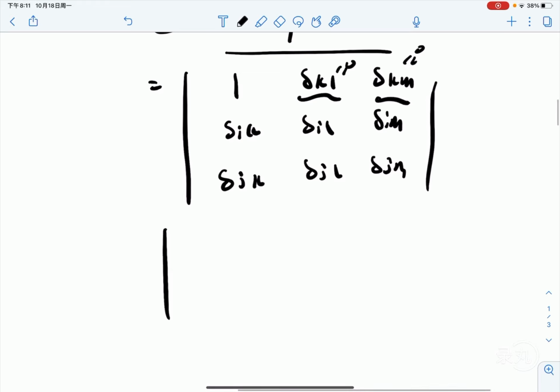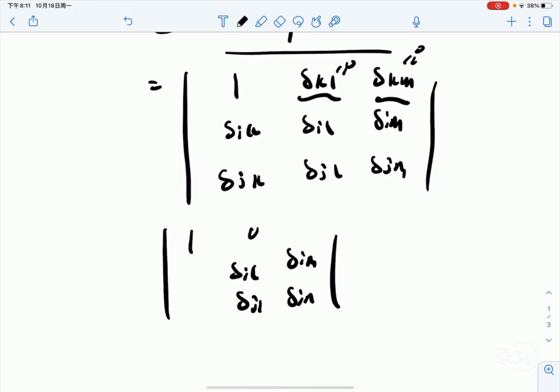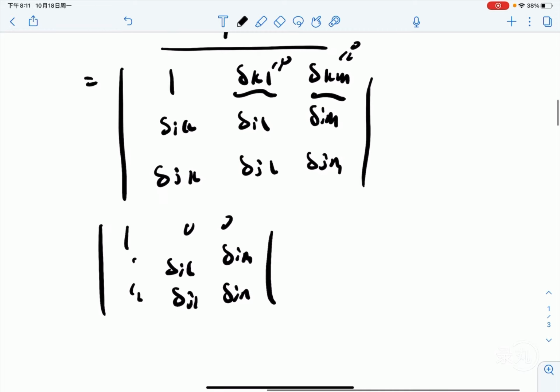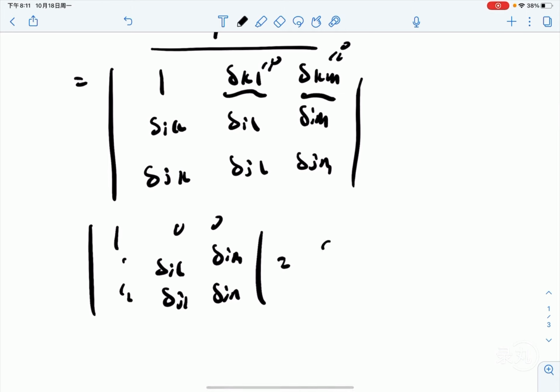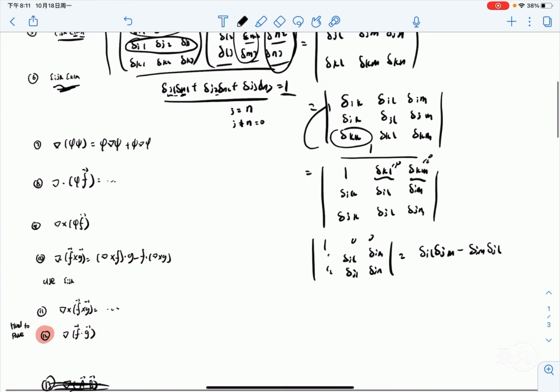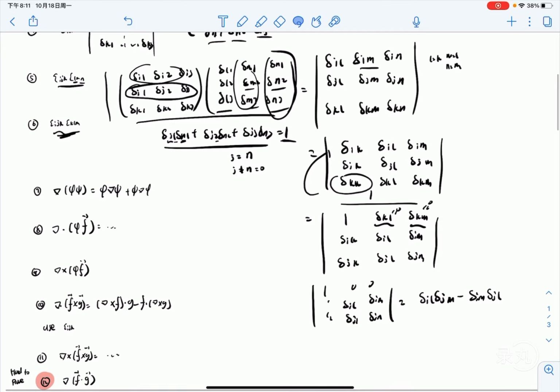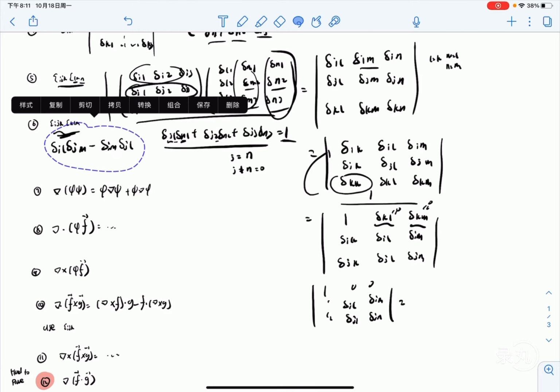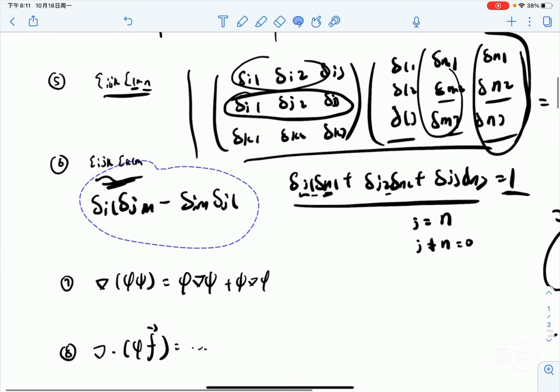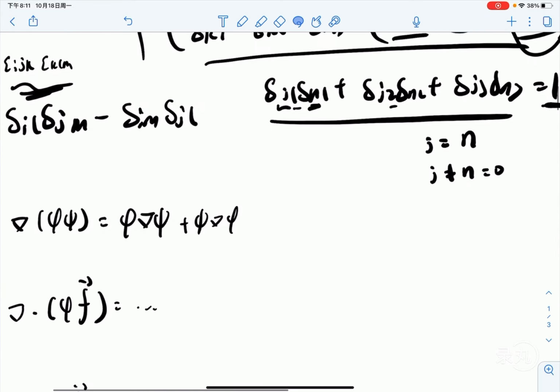So basically, it leaves out the form of 1, IL, JM, IM, JL, 0, 0. We don't care about this. So this is equal to IL, JM minus IM, JL. This is really, really important. You should remember this. Let's put it in here.